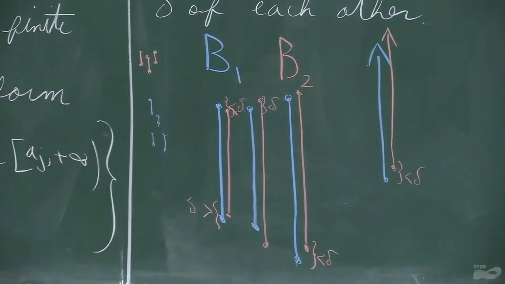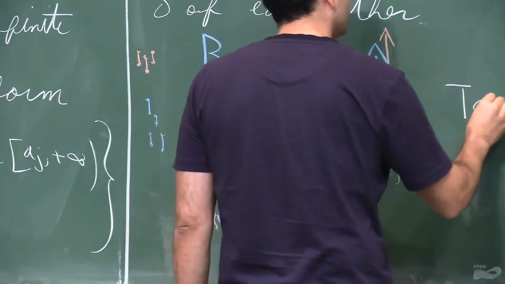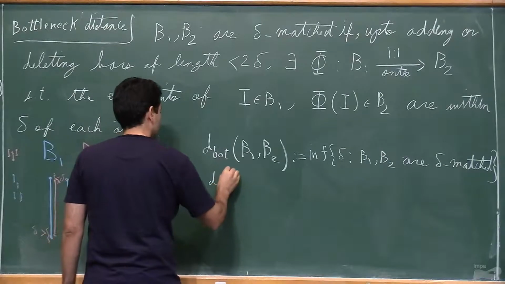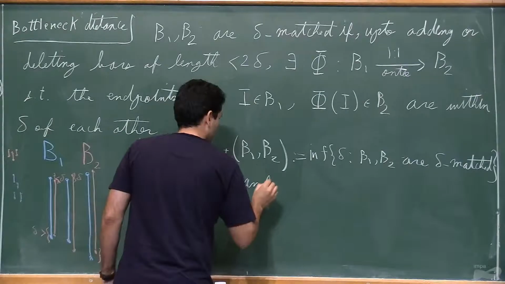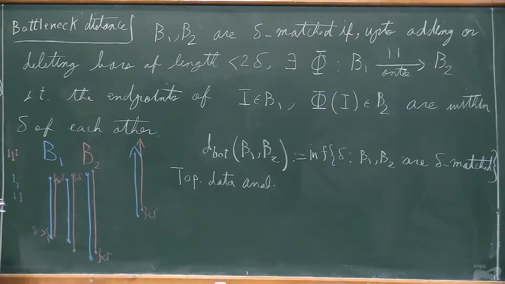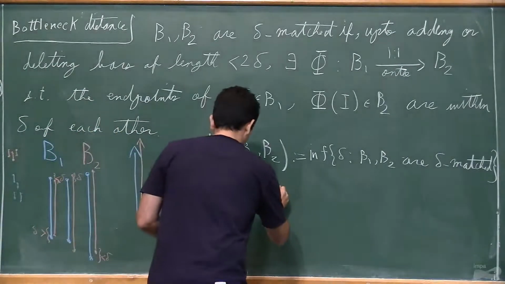Okay? So these notions, barcodes and bottleneck distance, appeared first in the field of topological data analysis. And maybe the names I should cite here. So there's a lot of names, and I don't really know all the literature too well. I'll say the names and I'll write the initials.